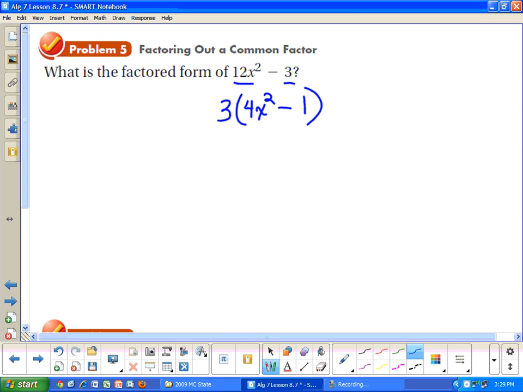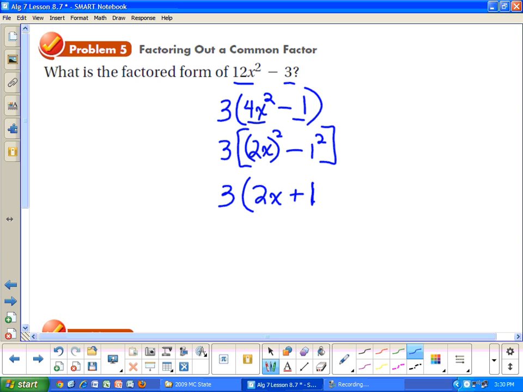So I get that. And now this is a binomial. It's a difference. And both of those are squared because 4x squared is the same as the quantity 2x squared. And 1 is the same as 1 squared. So that can be factored using the difference of squares, which tells me that I can just split it up like this, where one is plus 1 and the other is minus 1.